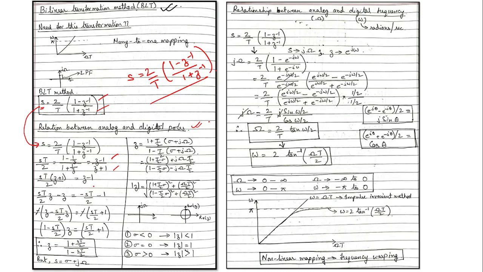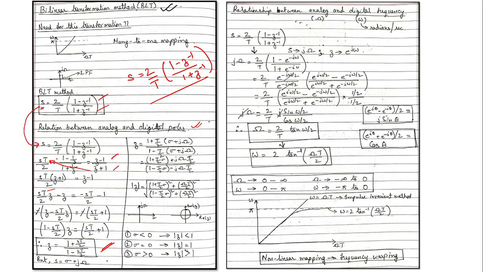If you solve this, you get sT into Z plus 1 divided by 2 equal to Z minus 1. After solving, we get this important equation: Z equals 1 plus sT by 2 divided by 1 minus sT by 2.